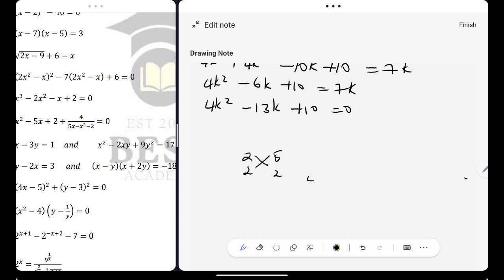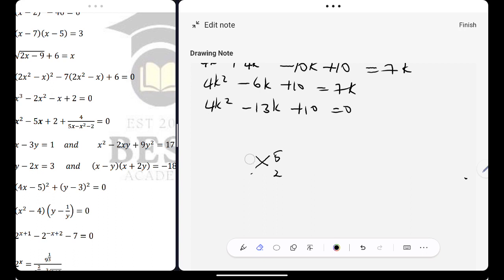Whenever we multiply, we have 4. Here we have 10. Add together. And whenever we add these things, we don't get 13, but we get 14. Are you together? So this combination will not work.